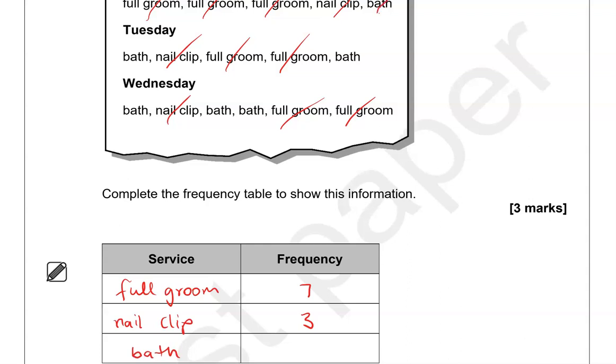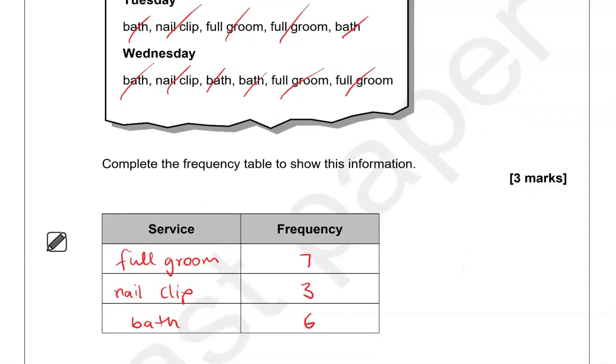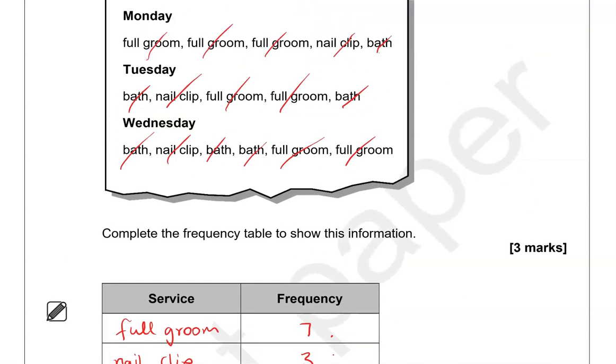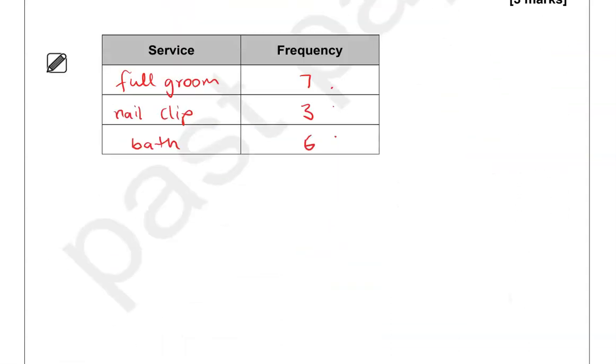So that's 1, 2, 3, 4, 5, 6. Let's have a look. 7 and 3, that's 10. And the 6, 16. Is that 16 in total? Let's count them. 1, 2, 3, 4, 5, 6, 7, 8, 9, 10, 11, 12, 13, 14, 15, 16. So we must have completed this correctly.